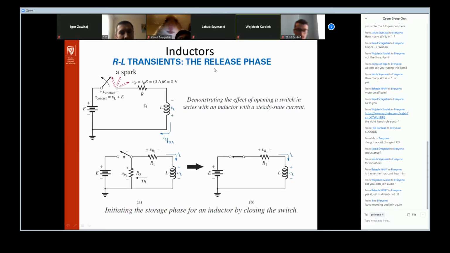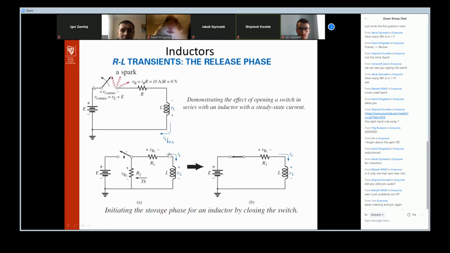This is very interesting, because if we have the steady state and the switch stays closed, we know that we've got the maximum current passing through it, because the coil in fact hasn't any voltage drop on it. This is the steady state. The current is given by the formula E over R.